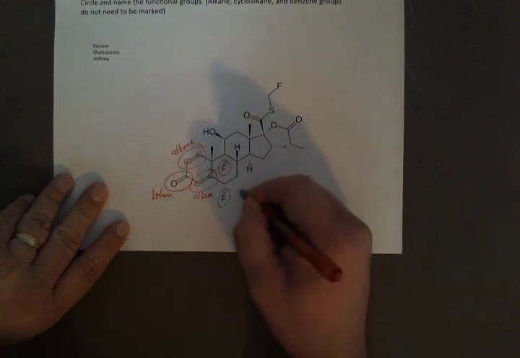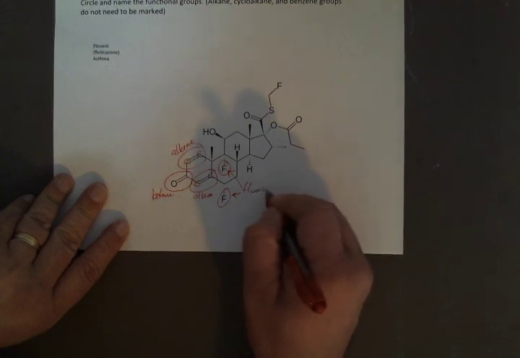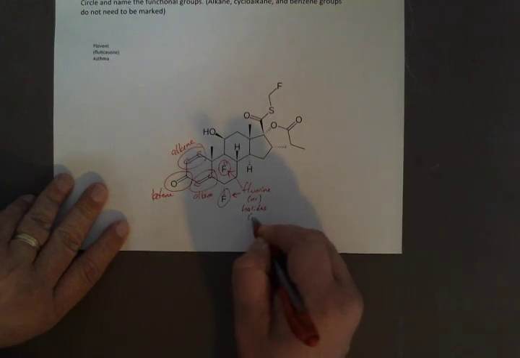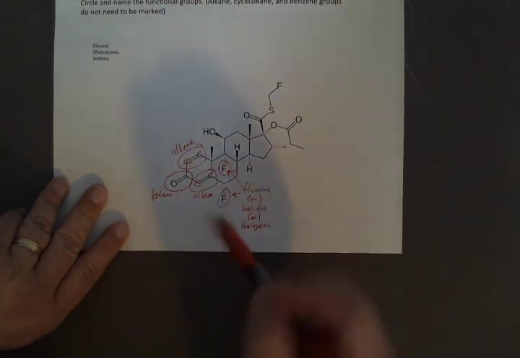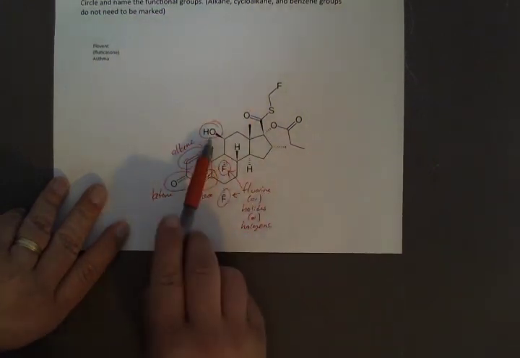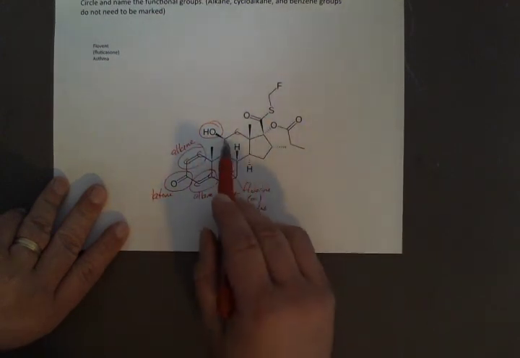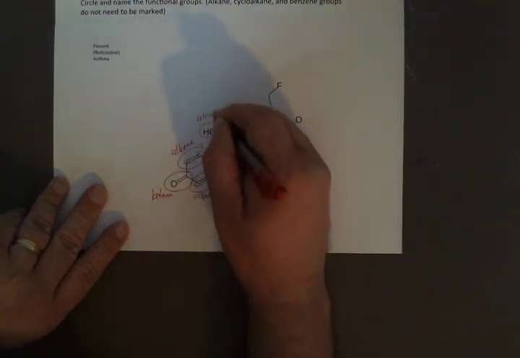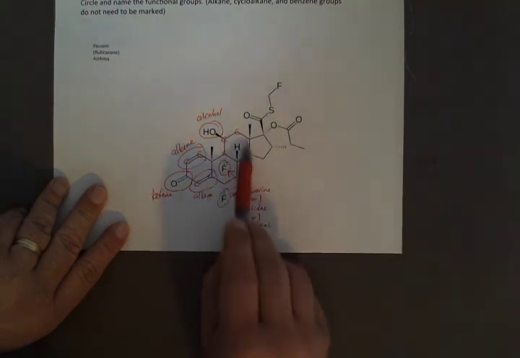These two, that one and that one, you could call these fluorines, or halides, or I'll take halogens. Okay, I don't care. Fluorine. Okay, the OH here, there's just carbons on either side, no C double bond O. So this is an alcohol. These are just hydrogen and methyl.